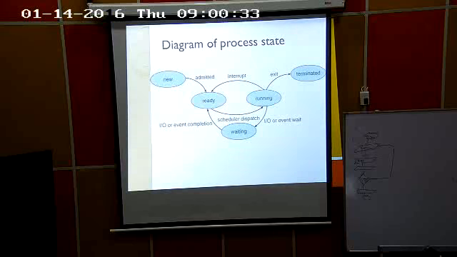Okay, the other one, if running needs to wait for input, output or even needs to wait, it is in waiting, and after the waiting phase, it will go back into ready.